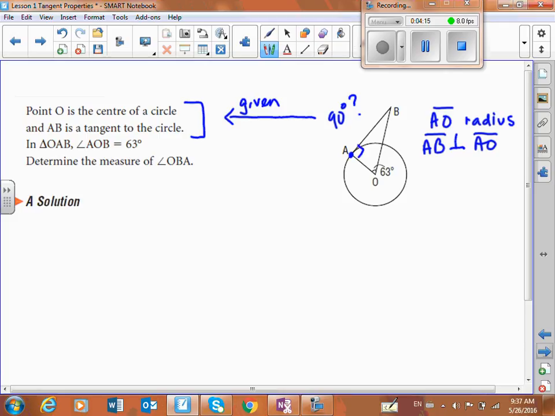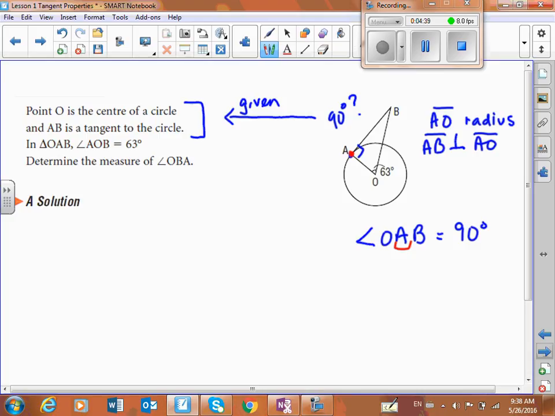Okay, so angle OAB is 90 degrees. I don't know if we've talked about how to name our angles enough, but just in case we haven't, I want you to notice that the middle letter represents the vertex of your angle. Okay, so that middle letter is sort of the vertex.